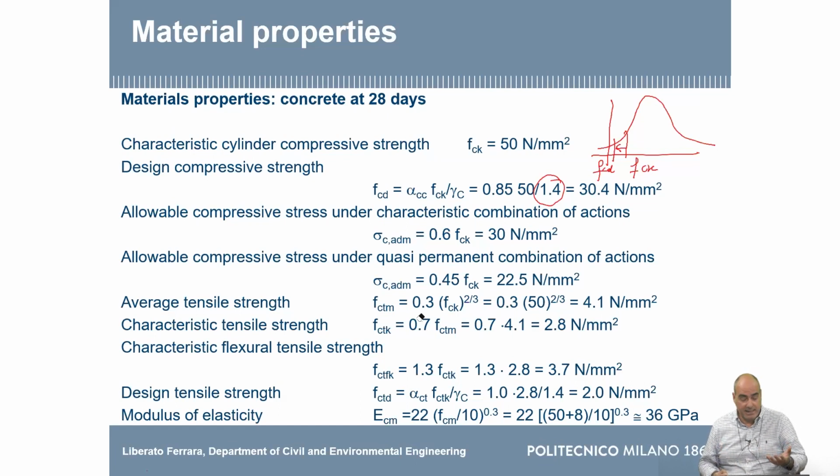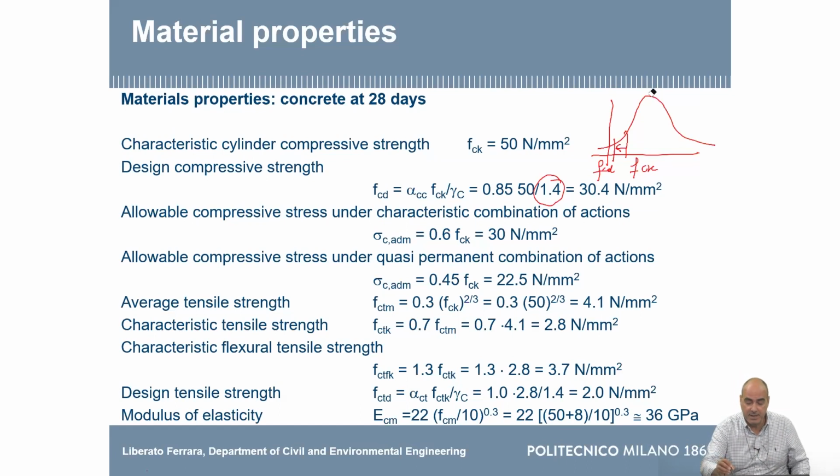This is something I was telling you yesterday also for Young's modulus that we'll see. It's not that if you double the strength of your concrete, your tensile strength or your Young's modulus will double as well. They will increase, but not proportionally. And you see that a concrete with 50 megapascal characteristic compressive strength has an average tensile strength equal to about 4 megapascal.